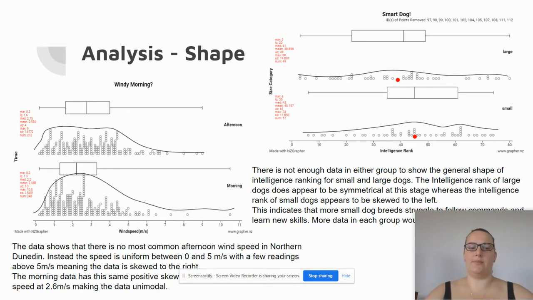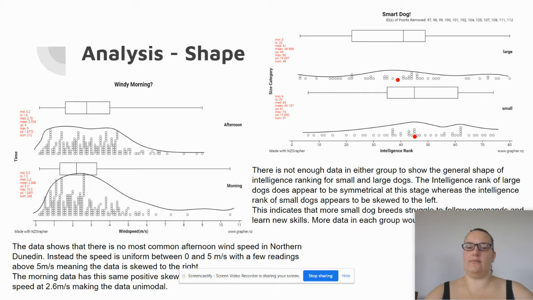So what I'm doing is I'm comparing the two whilst also identifying the features. We can identify in Smart Dog that there's not enough data in either group to show the general shape of the intelligence ranking for small and large dog breeds, but the intelligence ranks of large dog breeds does appear to be more symmetrical at this stage, whereas the intelligence ranks of small dogs appear to be skewed to the left.